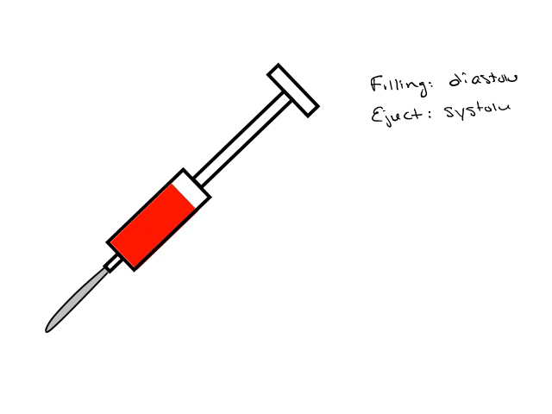So imagine that we have filled this syringe, and so right now we have completed diastole. So the volume of fluid that's in our syringe right now, this is end diastolic volume. This is how much blood is in the ventricle before the ventricle contracts. In our example, our end diastolic volume is 100 milliliters of fluid.